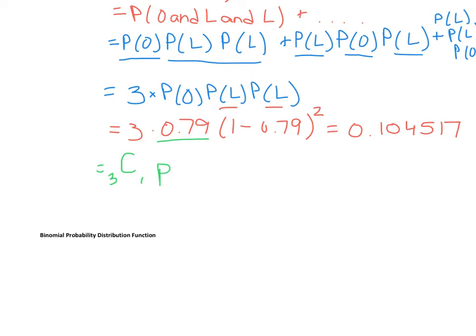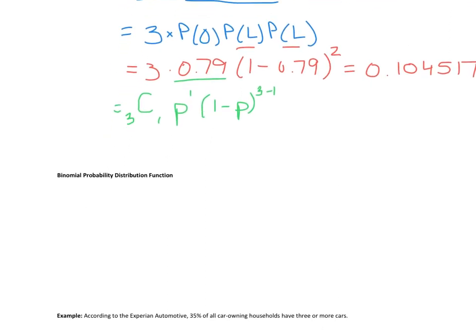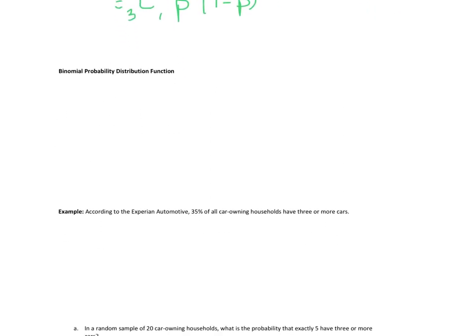The probability of success is P, and there's 1 success, and the rest are going to be failures. So if there were 3 slots, then the rest are failures. Okay, so there you go. This is our formula for finding probabilities. So let's come on down here and generalize this so we don't have to start from scratch each time.